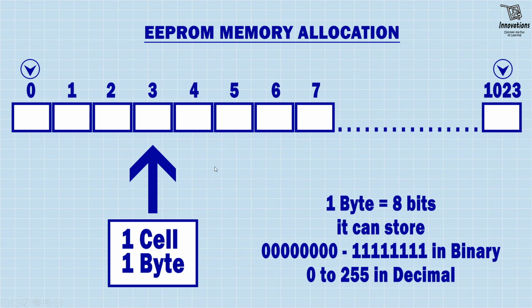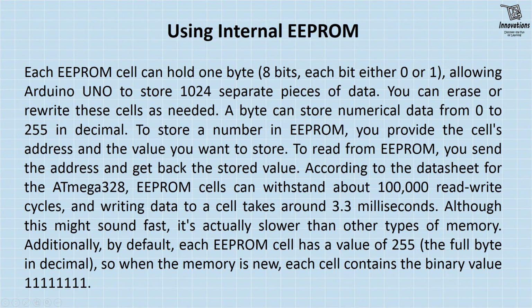We are talking about each cell, what each cell can hold. There are methods that we can use to store more than 1 byte of data. We will also see that in later applications. So in simple words, this is the EEPROM memory allocation. Now each EEPROM cell, as we said, can hold 1 byte or 8 bits, each bit either 0 or 1, allowing Arduino Uno to store 1024 separate pieces of data.